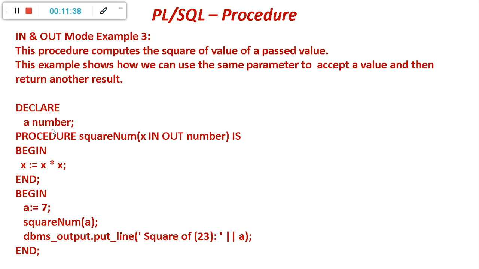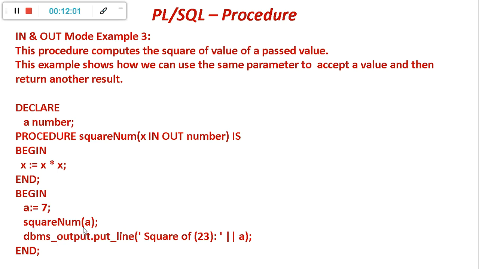Declare a is declared as a number and here the name of the procedure is square number and this is the argument, IN OUT, and this is of data type number, IS is the keyword, and then we are finding the square of the number and end. Now from this PLSQL block, see this is a very simple procedure.